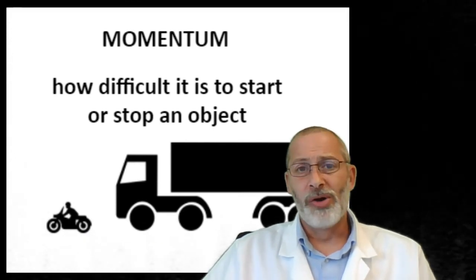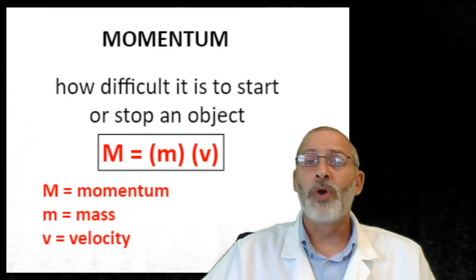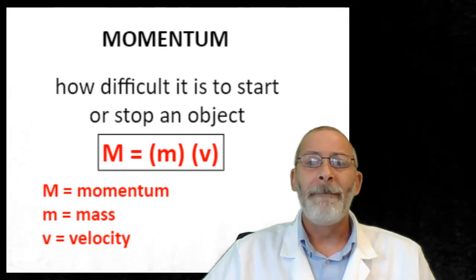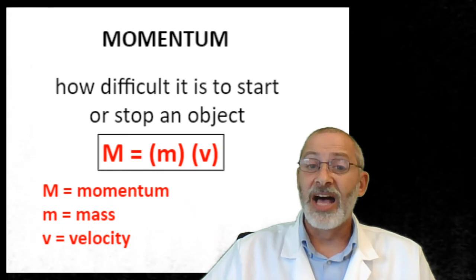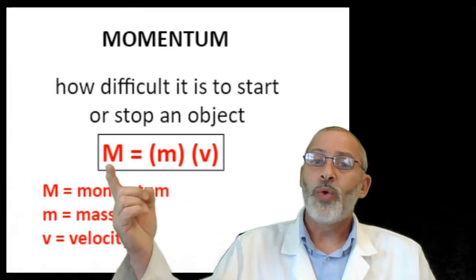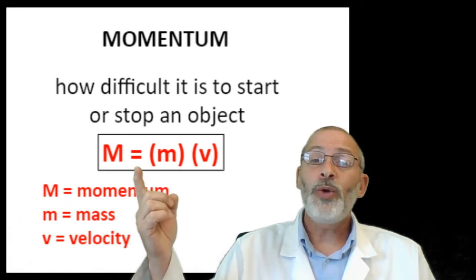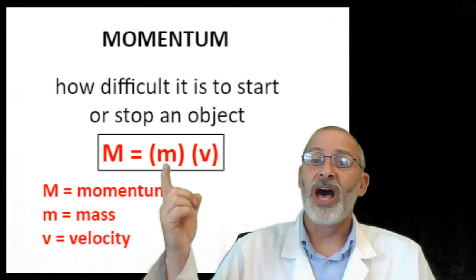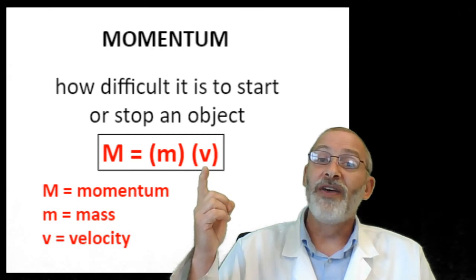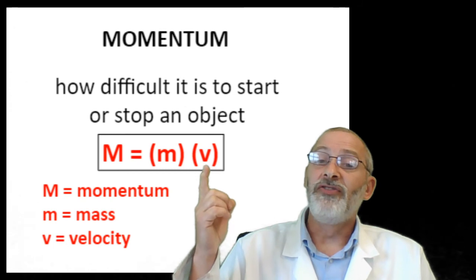So how does this all relate to science? Well, let's come up with an equation for momentum. Momentum relates to both mass and velocity. In fact, the equation for momentum is: capital M is equal to the mass of an object, lowercase m, multiplied by the velocity of an object, lowercase v.